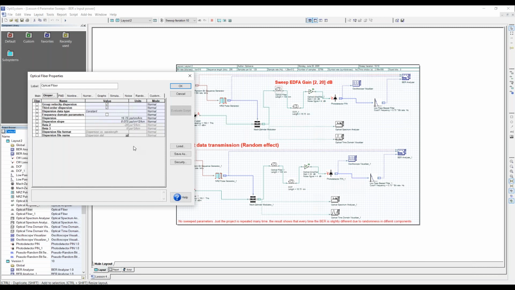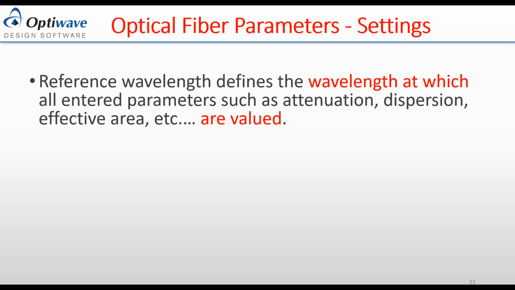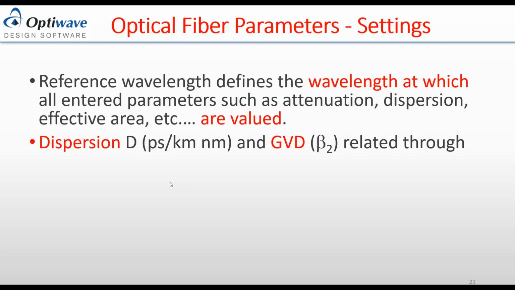As you see here, beta 2 is the group velocity dispersion. The value here, -20, is in gray, so it's not representative of the actual value used in the simulation. For the simulation, you can use the relationship used inside the code, which is dispersion equals -2πc over λ² times beta 2.